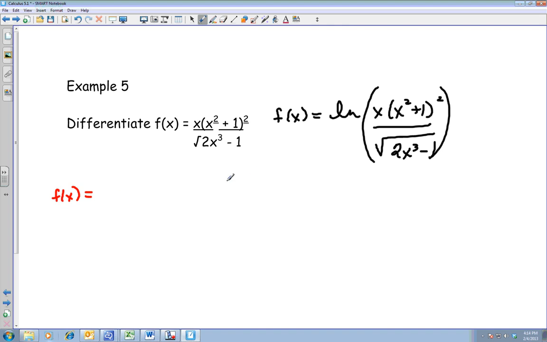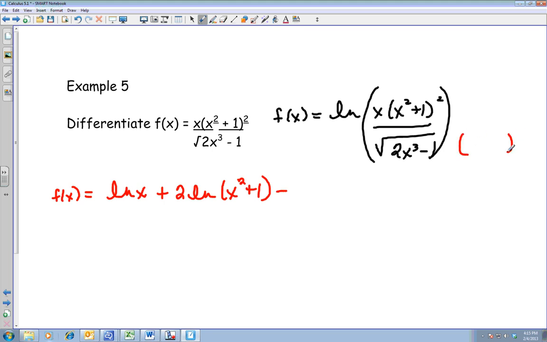First thing, I have this natural log of x. So natural log of x, it's multiplication, so I'm going to do plus. Now I'm going to do x squared plus 1, and this is being squared, so I can put my 2 out in front, x squared plus 1. So I've taken care of the top. It's division, so I know it's going to be minus.